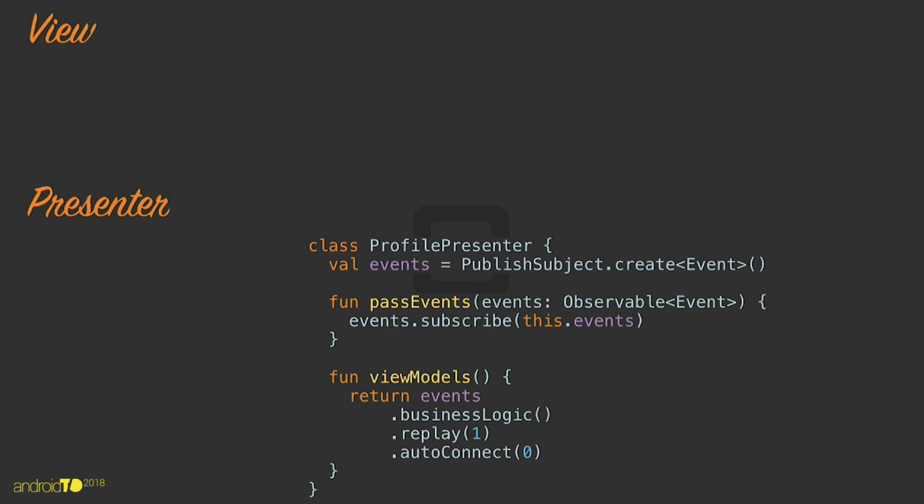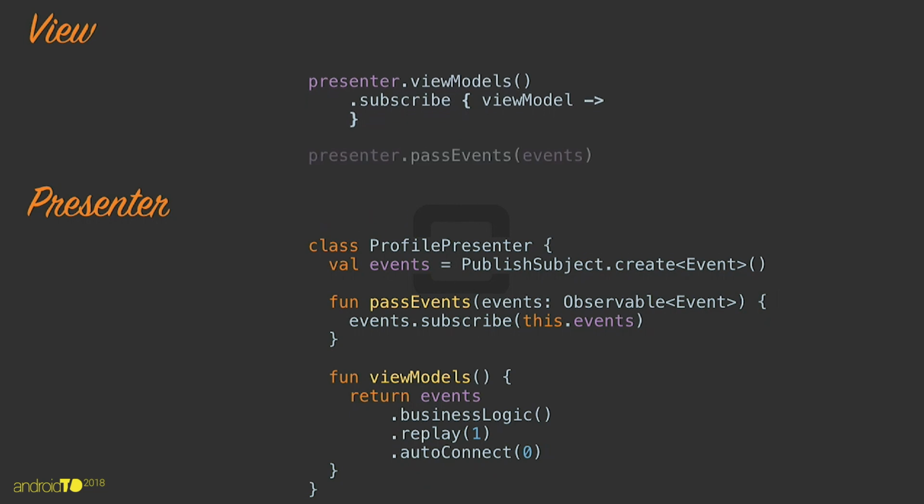Whatever happens to the view doesn't affect the stream in the presenter, so if you have a network call, a cached view model, everything is in place, and when the view binds back, the current business logic would just be updated.